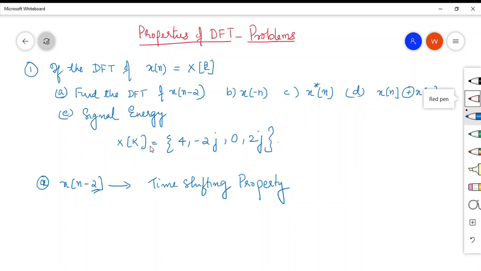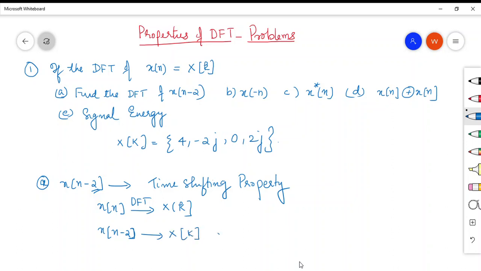Okay, so we know the DFT of x of n is X of k, then the DFT of x of n minus 2 will be equal to X of k into e raised to minus j 2 pi divided by N k into 2.